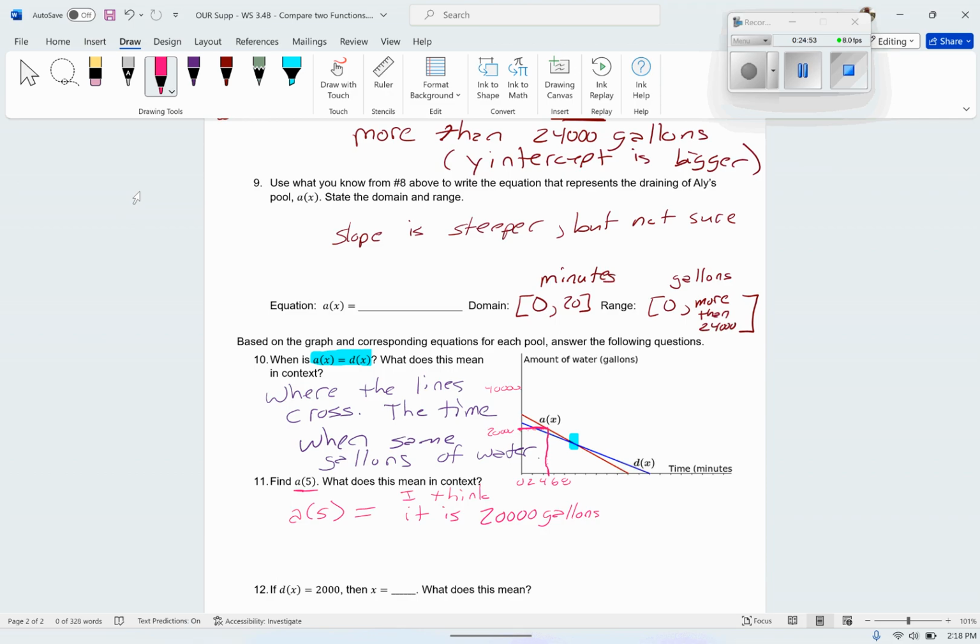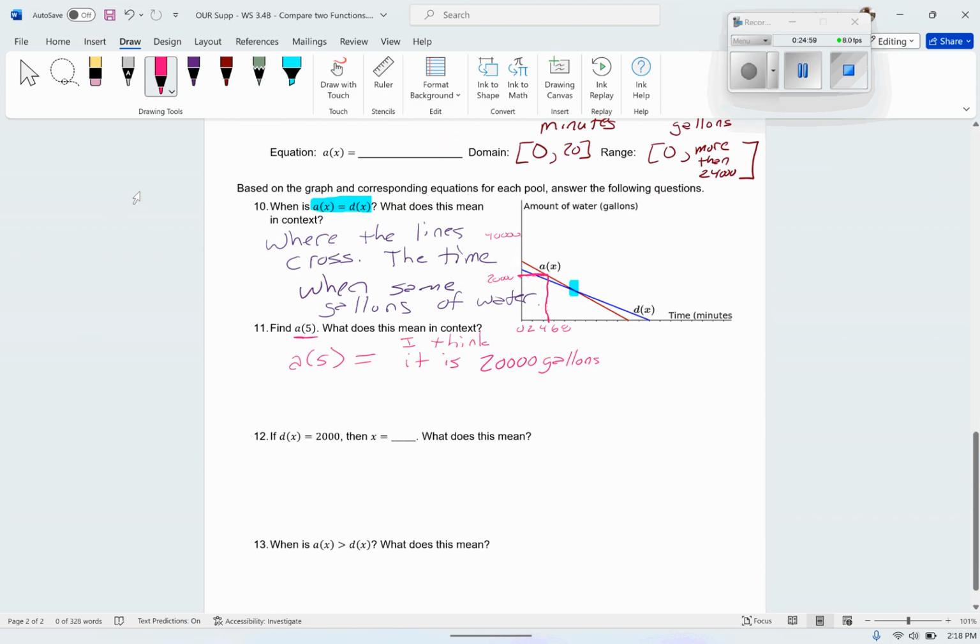Oh, wait a minute. Did we switch people's pool on number 12? It says if d at x equals 2,000, what does x mean? This is Dane's pool.